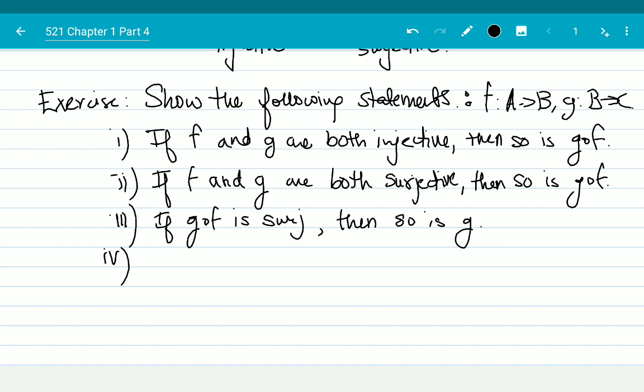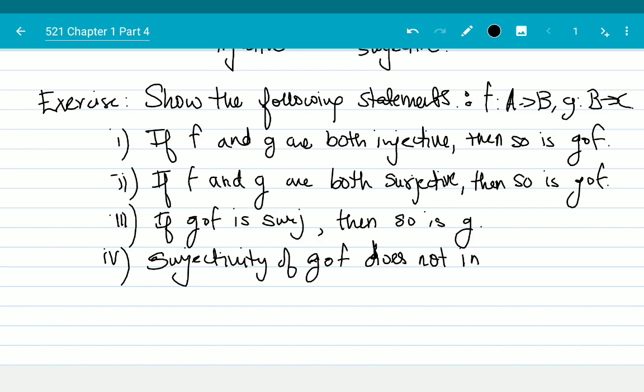Fourth, surjectivity of G composed F does not imply F is surjective.